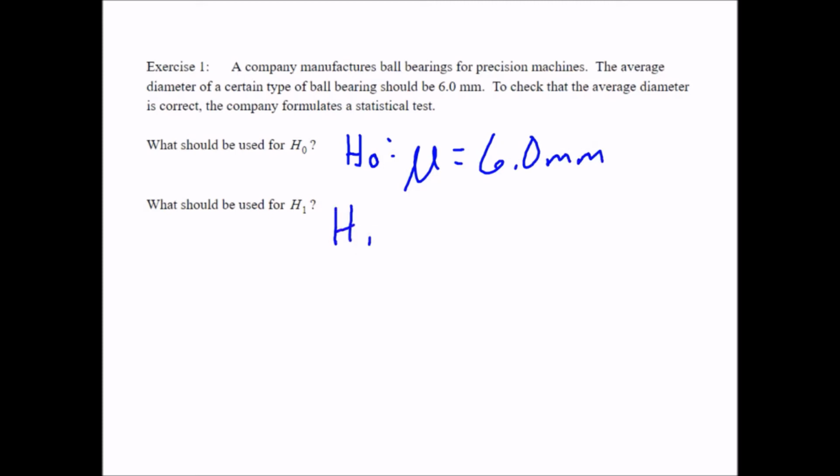What's our alternate? It just says that to check that the average diameter is correct, the company formulates a statistical test. So if our null hypothesis is saying that it's 6 millimeters, then our alternate is saying that it's not 6.0 millimeters. So it could be more, it could be less, just not 6.0 millimeters.